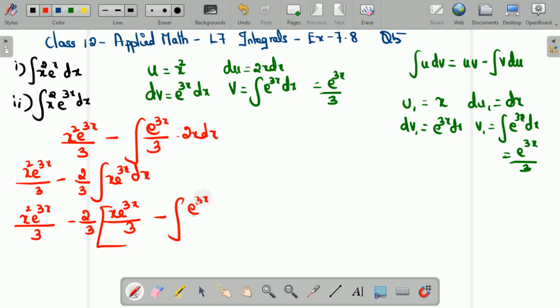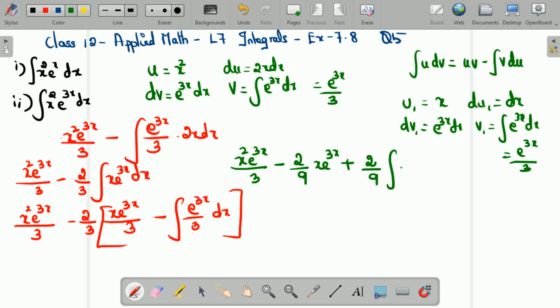So e power 3x by 3 dx. So I'm going to multiply every term by 2 by 3 and perform the integration. So this is x squared e power 3x by 3 minus 2 by 9 x e power 3x plus 2 by, there is already a 3 into 3. So this is 2 by 9 integral e power 3x dx.